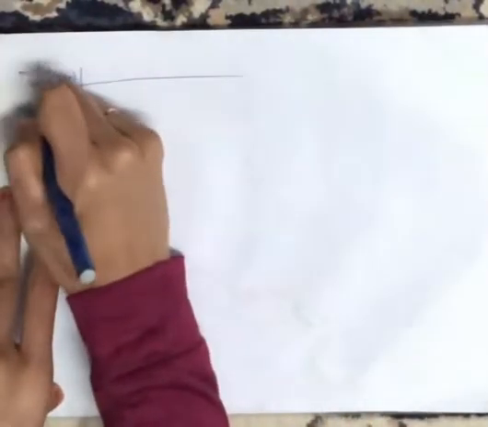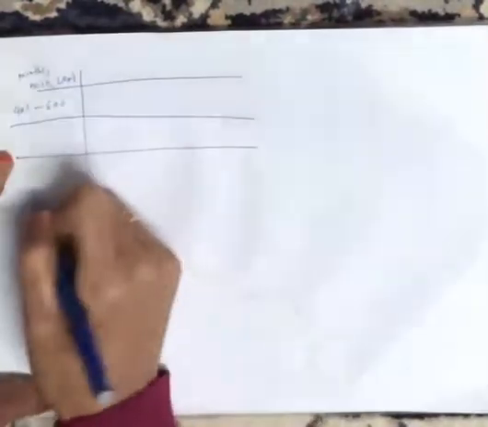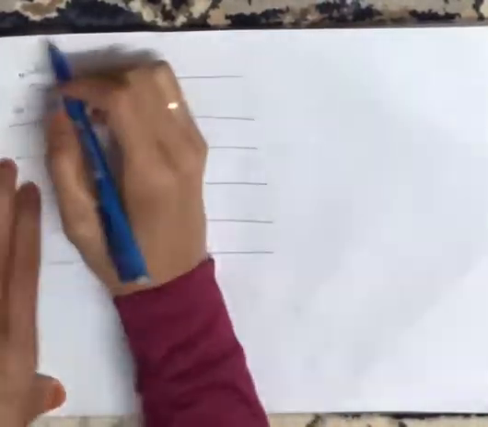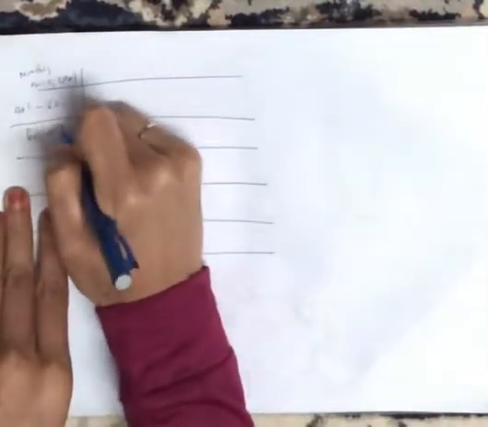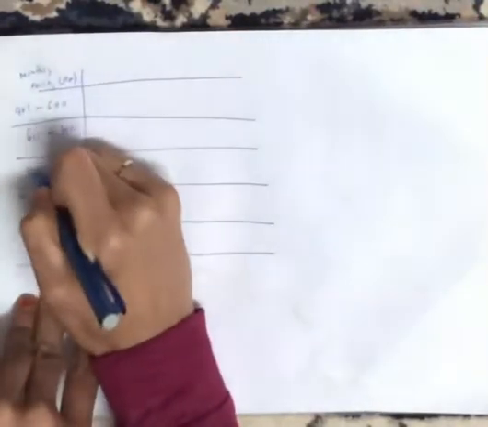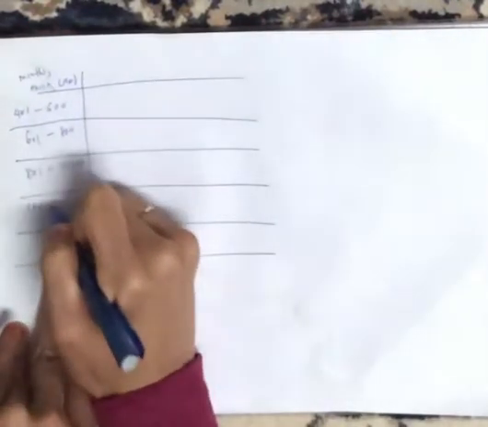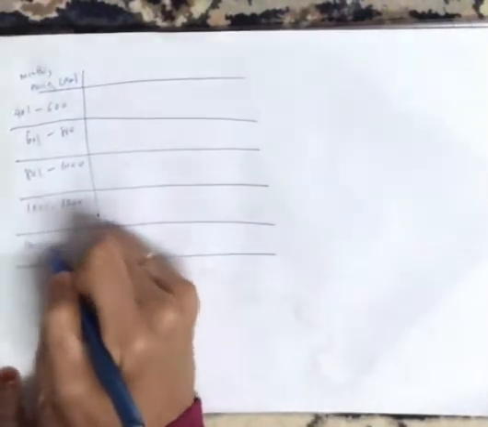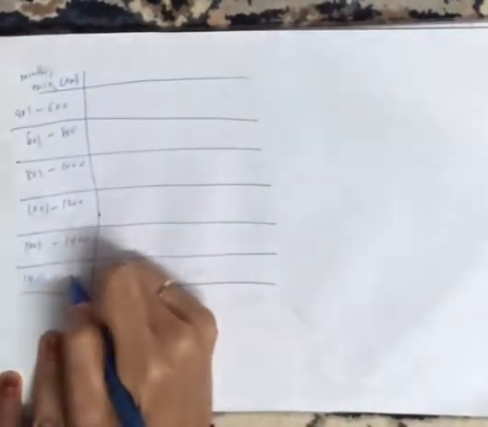Now let's say these are the classes of the monthly earning: 400 to 600, 601 to 800, 801 to 1000, 1001 to 1200, 1201 to 1400, and the last one is 1401 to 1600.